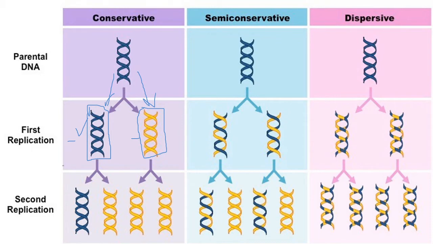In the second replication, from the blue one we get a blue one and a yellow one, and from the yellow one we get two yellow structures. That is the conservative structure. The basic structure of the parental DNA is conserved.